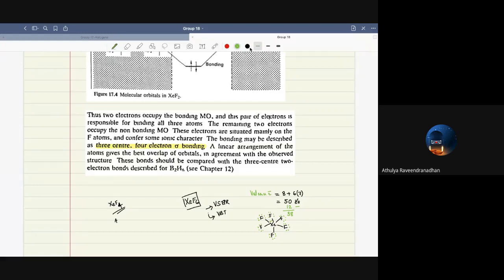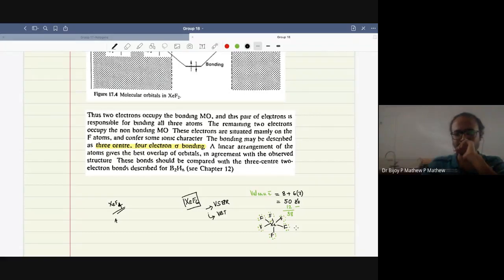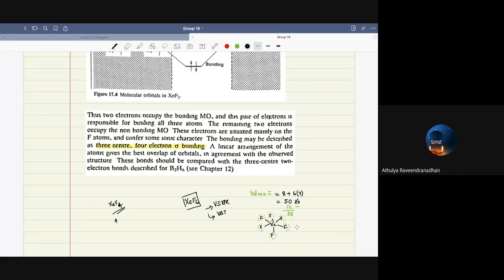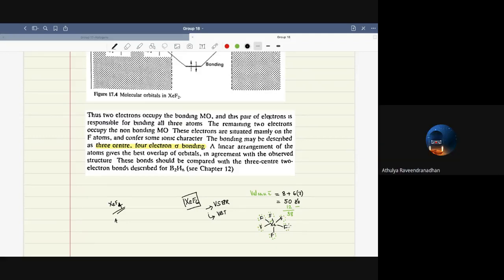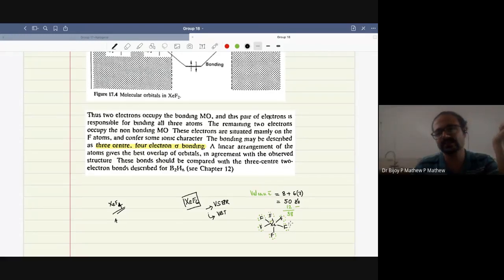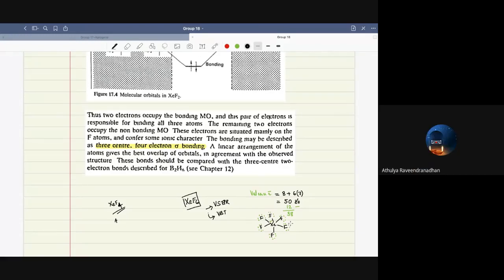Next, formal charge. What will the formal charge be? It will be 0 for fluorine. And what about xenon? What is the formal charge on xenon?